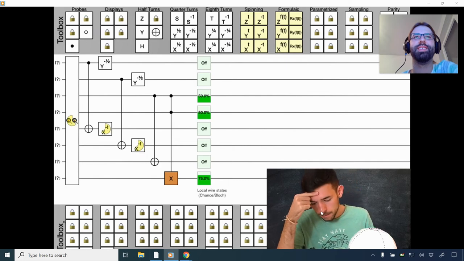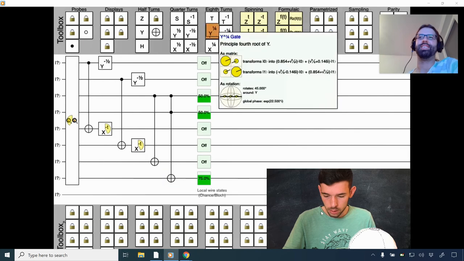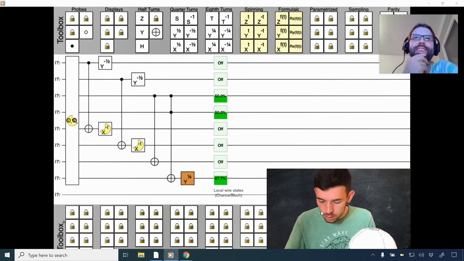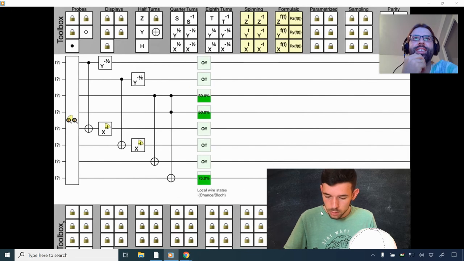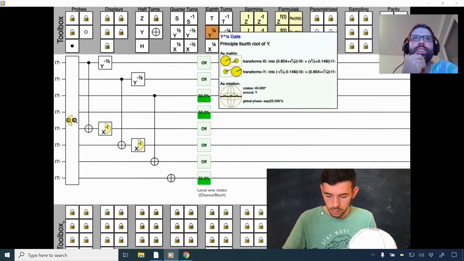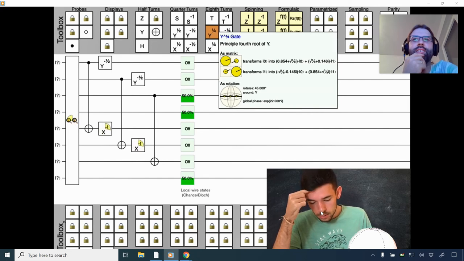Hmm, okay, I can try one thing. No. Okay, I don't like the trifoliate gate. Maybe there are more difficult entanglements between the third and the fourth qubit.